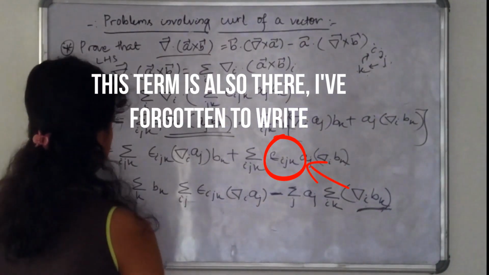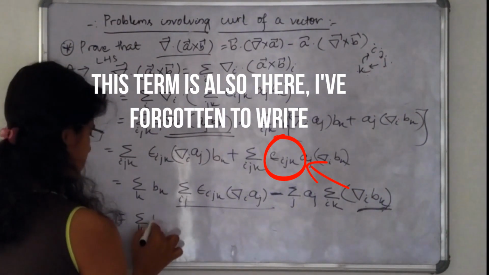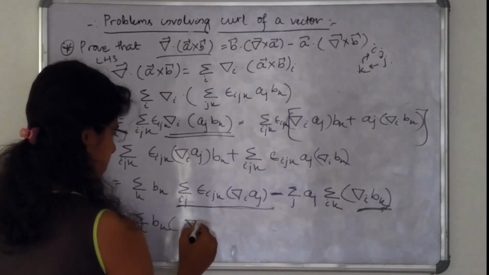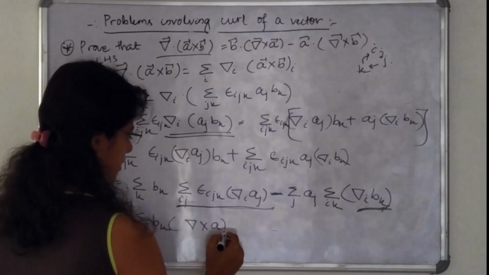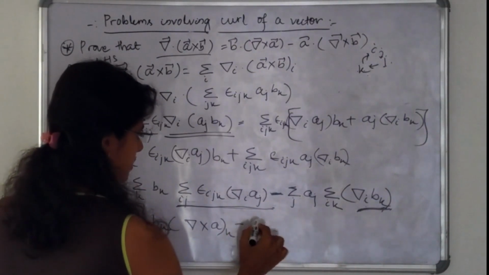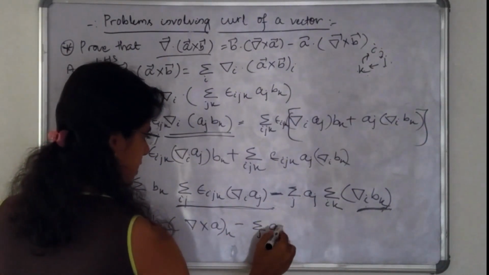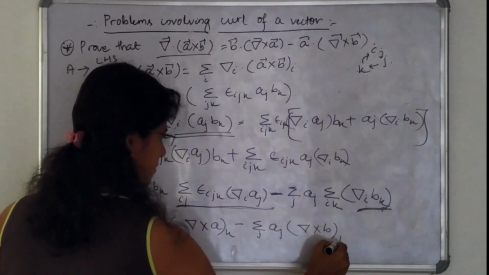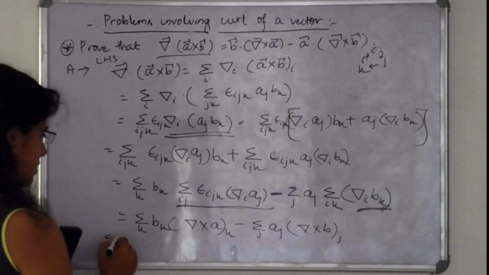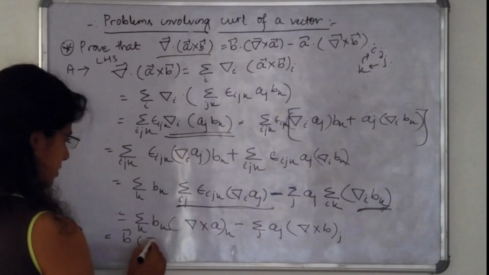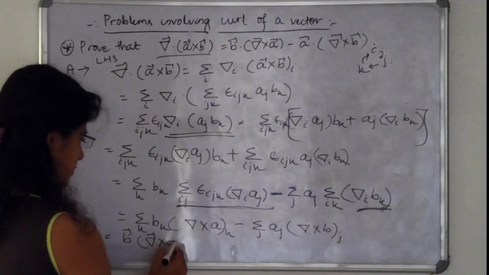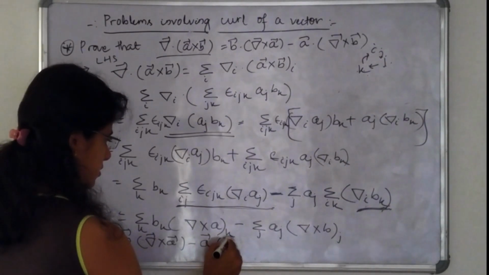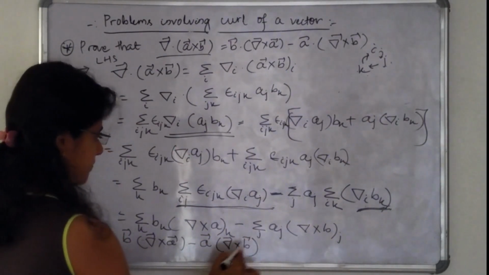So we have to put here minus. So then summation over k b_k, and this whole thing turns out to be del cross a of k minus summation over j a_j. This thing similarly turns out to be curl of b. So in general we can write it as b vector whole into curl of a minus a vector whole into curl of b. Okay.